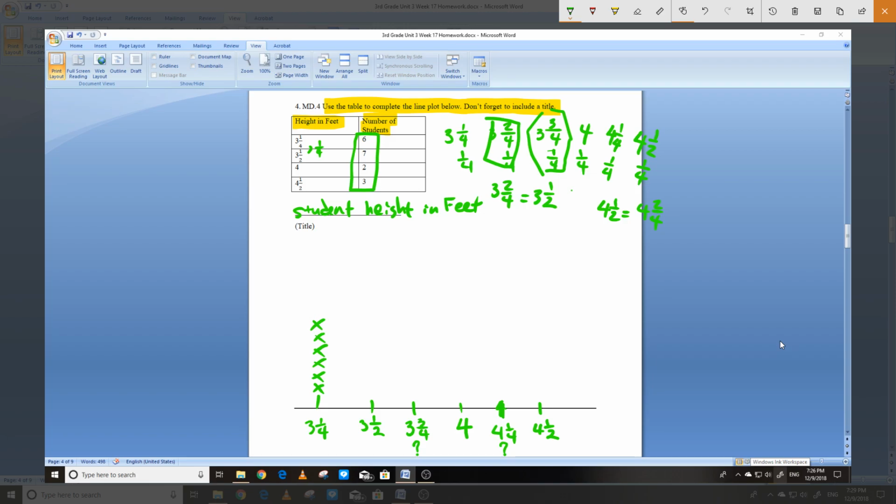For 3 1/2, you're drawing 7. 1, 2, 3, 4, 5, 6, 7. For 3 and 3/4, since there's not even one here, you're drawing nothing. For 4, you're drawing 2. For 4 and 1/4, again, you're drawing nothing. For 4 1/2, you're drawing 3. 1, 2, and 3. So that is how your graph should look.